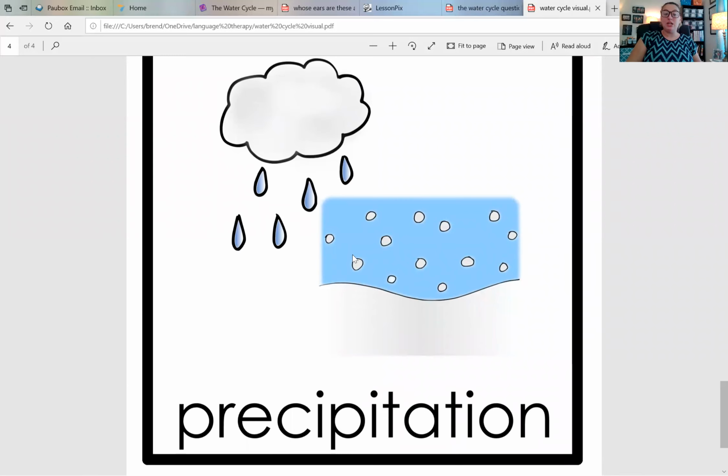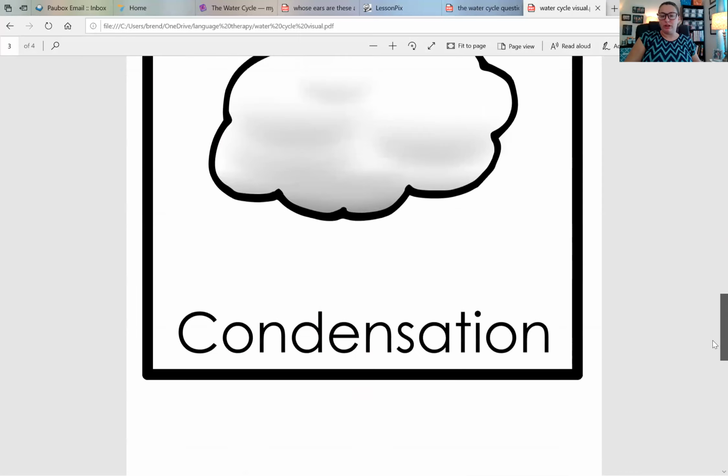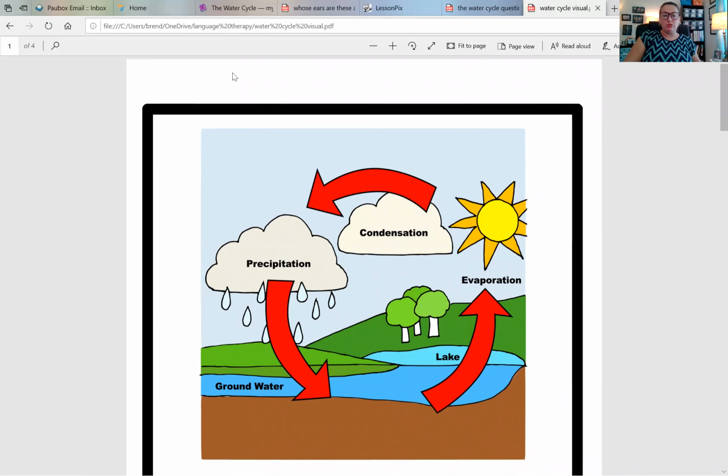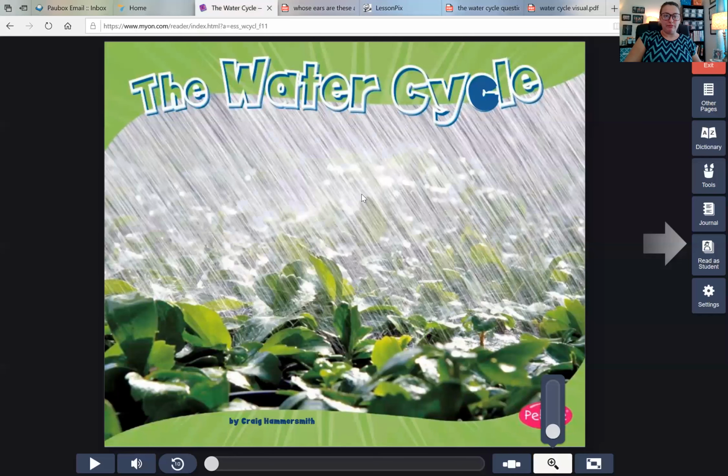Precipitation could mean snow, could mean rain, hail, or sleet. Those are like icy kind of forms of rain. So that's what happens. And then it starts all over again. Okay, so that was just our visual, but now we will get into the story. I just want to talk about that first.